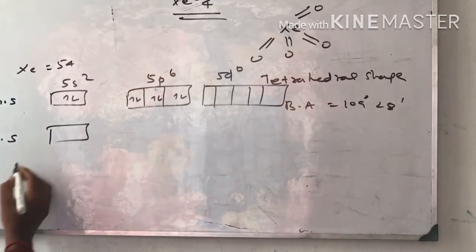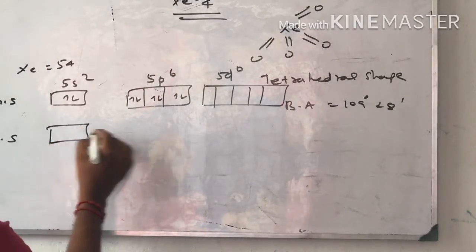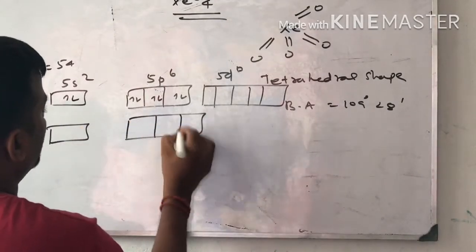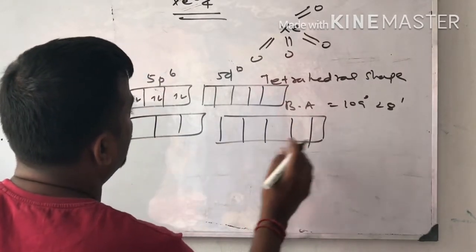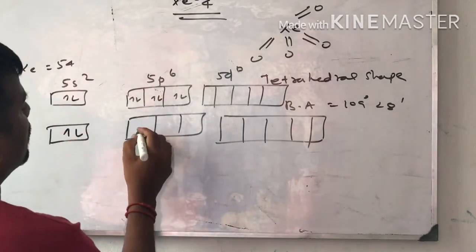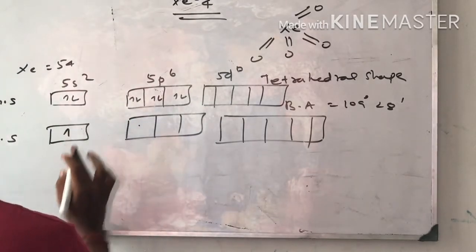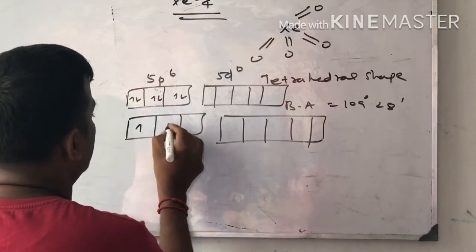Excited state configuration: 5s2, 5p6. So 1 electron, 4 electrons from the 5s orbital and 5p orbital are shifted to the 5d orbital.